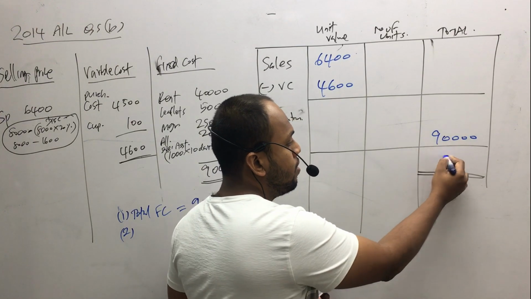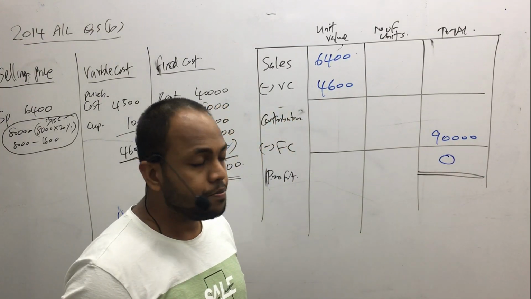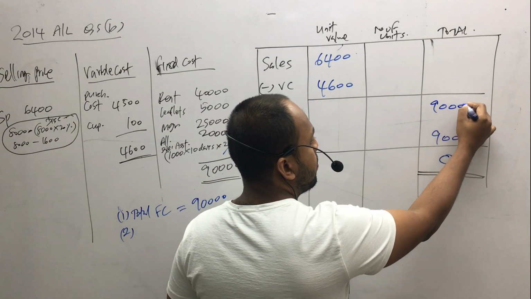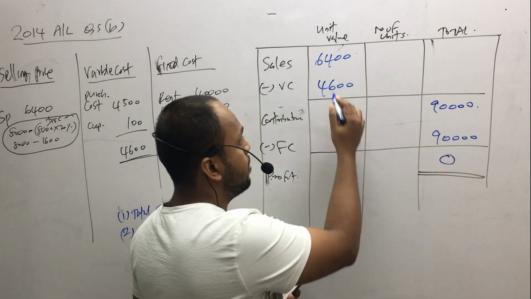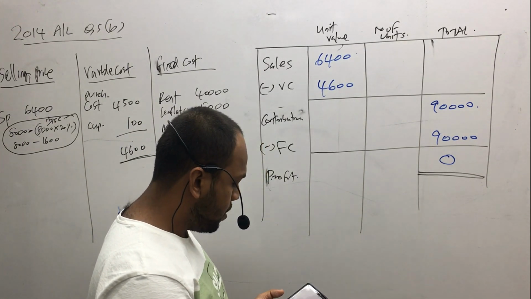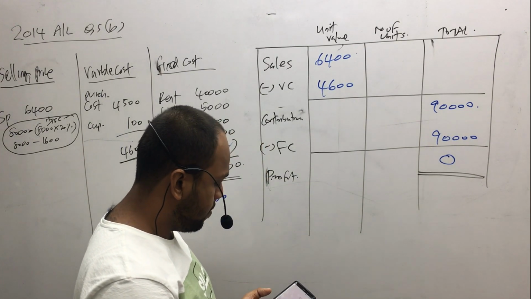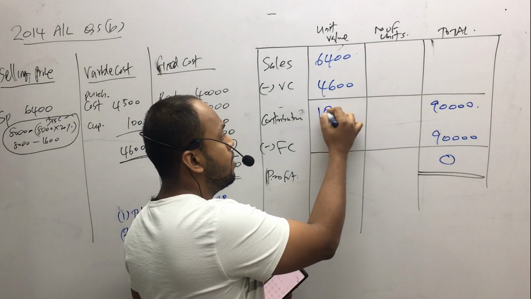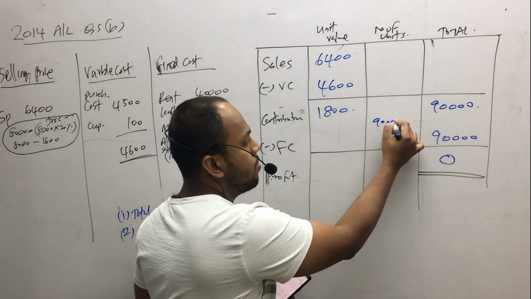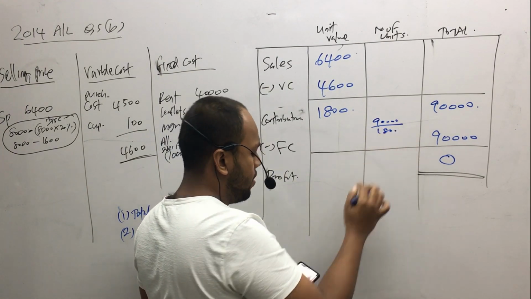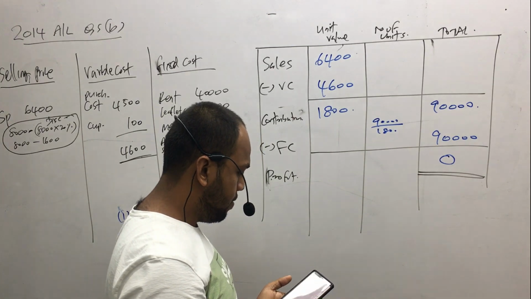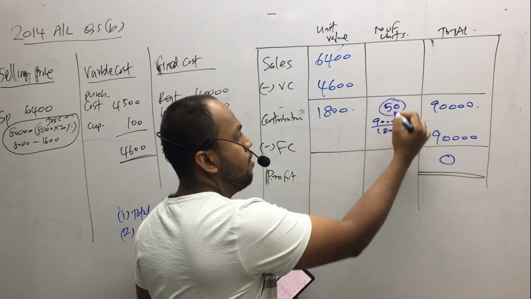So 90,000 is the fixed cost. To have zero profit, we need 90,000. And the contribution per unit, 6,400 minus 4,600, 1,800. So how do you calculate? 90,000 divided by 1,800. 50 units.